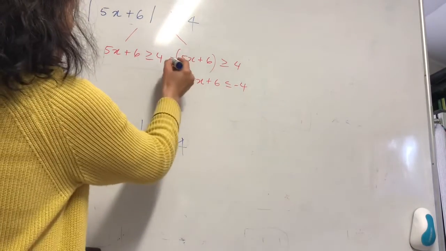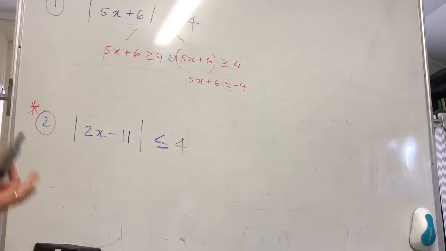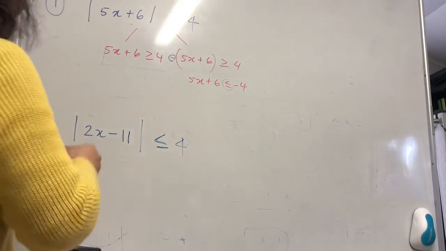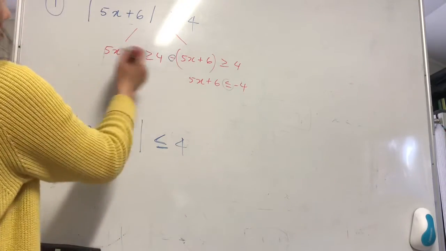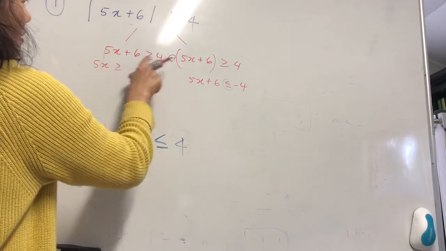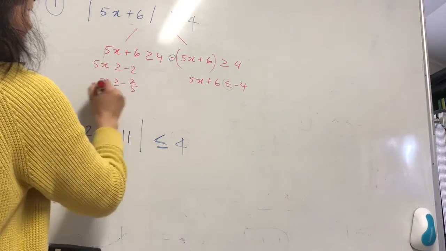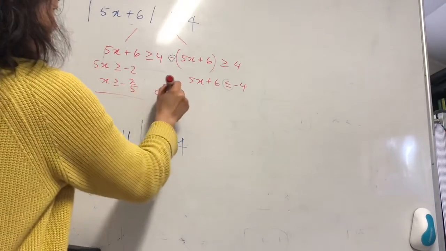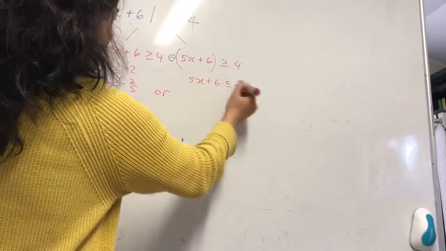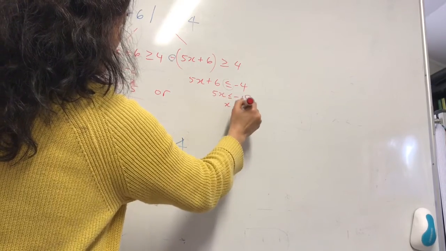I moved this one to the other side and changed the sign. And then this one is not a problem because it's positive. So I'll go 5x minus 6 minus 6 minus 2. So that's not a problem. Or minus 6 minus 6 minus 10 minus 2.